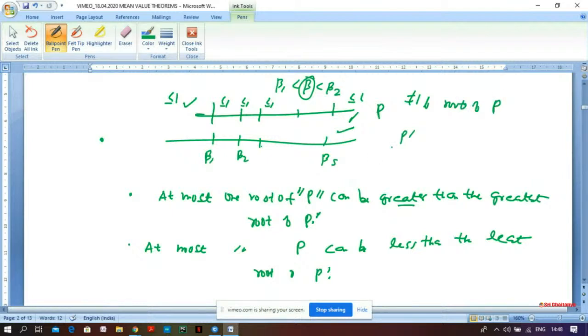So what you have got is very fundamental. If I arrange roots of P prime on the number line from left to right, suppose there are s roots of P prime, then you have s plus 1 intervals.